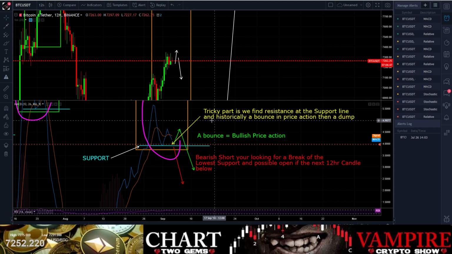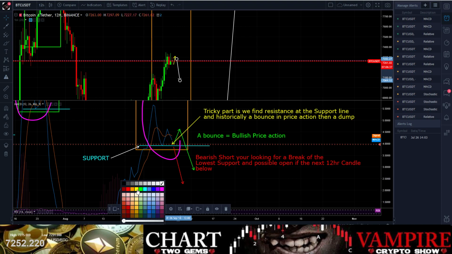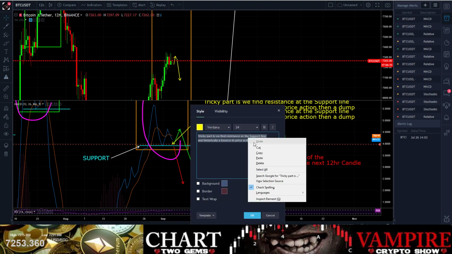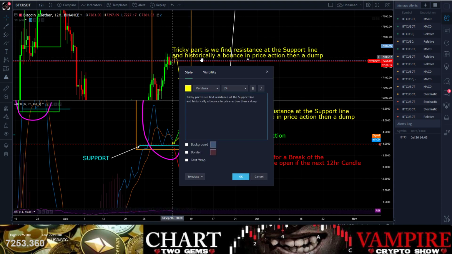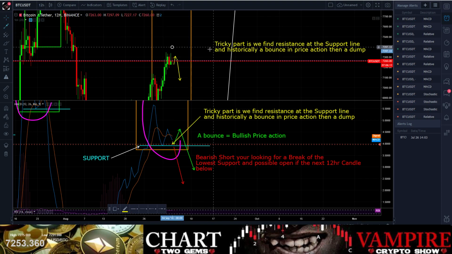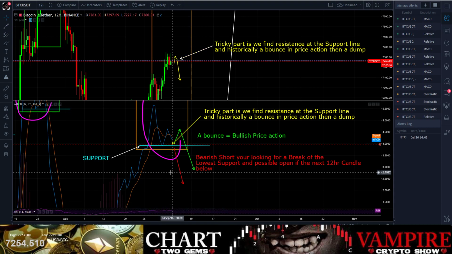Okay, so the tricky part is that we got to put these in here, so it's got to be yellow. Okay, and let's make that white.